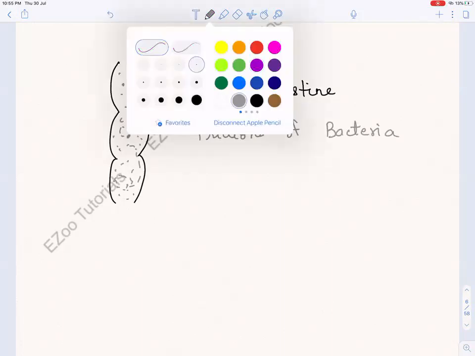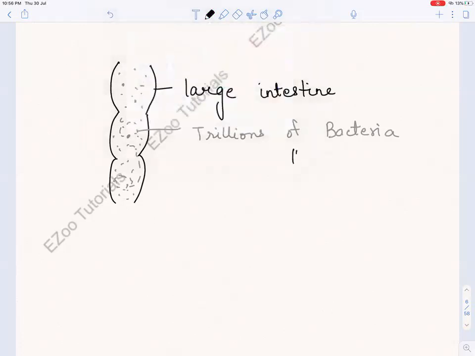And what are these bacteria doing? They are helping in fermentation of food, and whatever little digestion is left, they are helping in that.